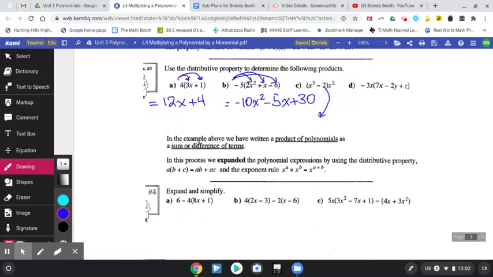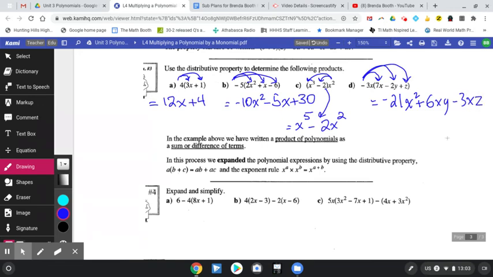So I'm going to do distribution, kind of feels like backwards. That's going to give me x to the 5 negative 2x squared. So this one, negative 3 times negative 2 is positive 6xy. And then negative 3xz.